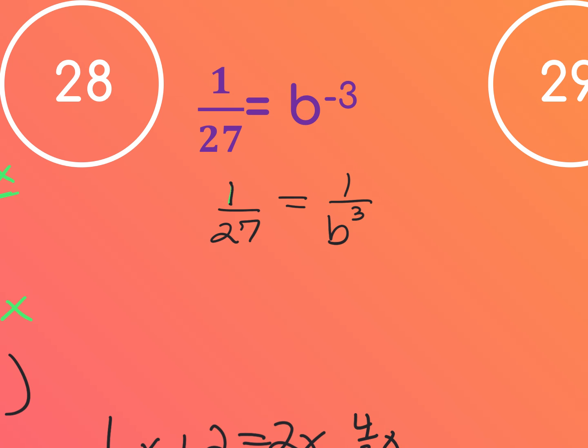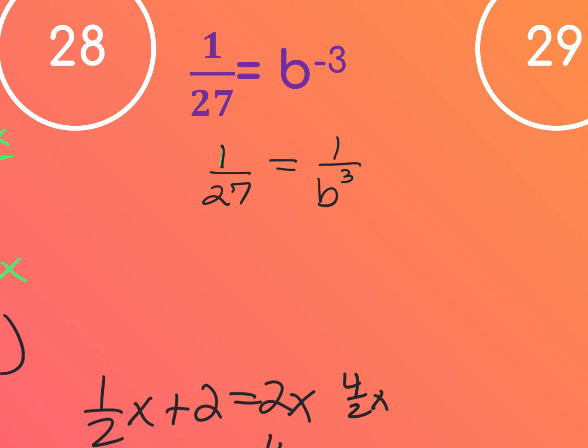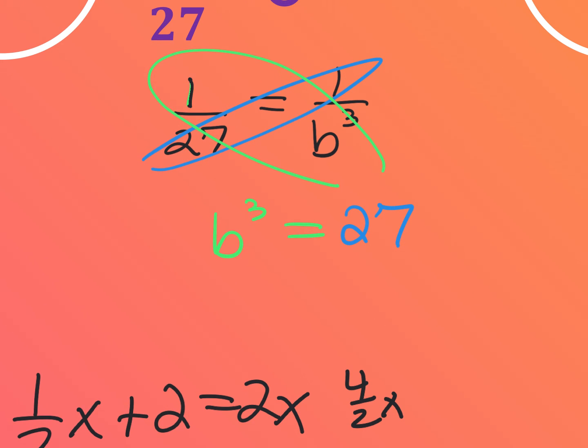And then now I'm going to solve this as if it's a proportion. So what I can do here is multiply diagonally. And I get b to the third is equal to 27.